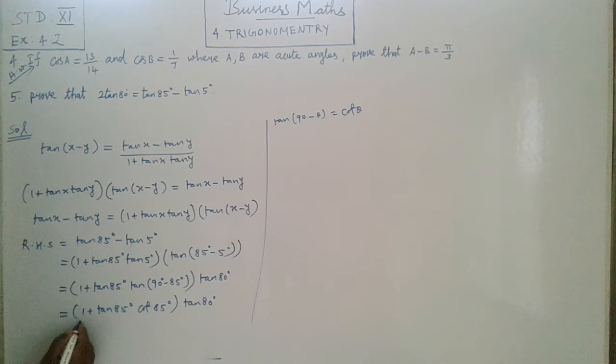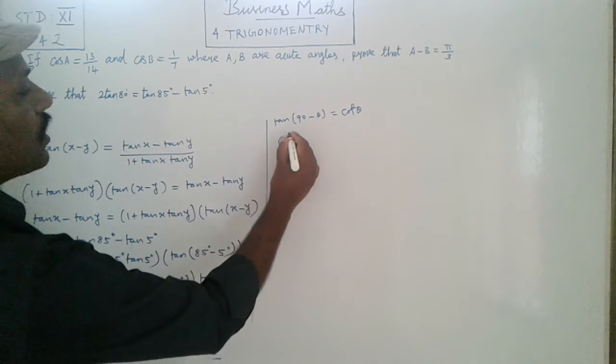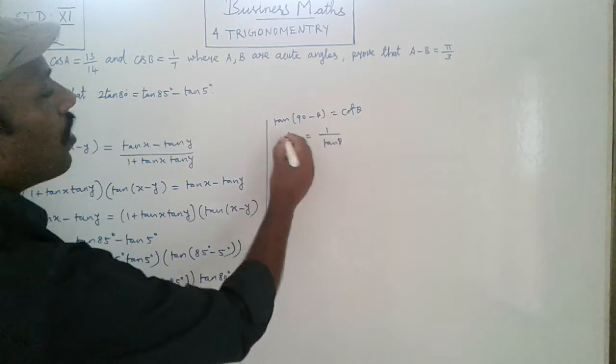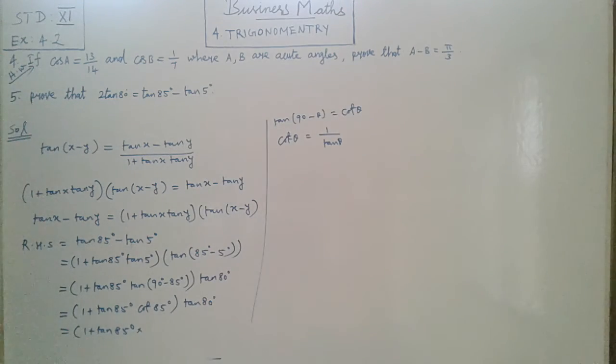So we should write 1 plus tan 85 degree into cot 85. We should write cot theta equal to 1 divided by tan theta is the formula. So cot 85 degree is 1 divided by tan 85 degree into tan 80. So tan 85 degrees cancel.